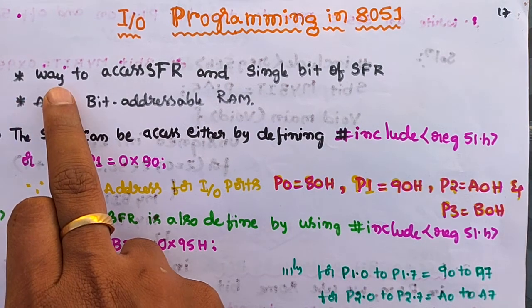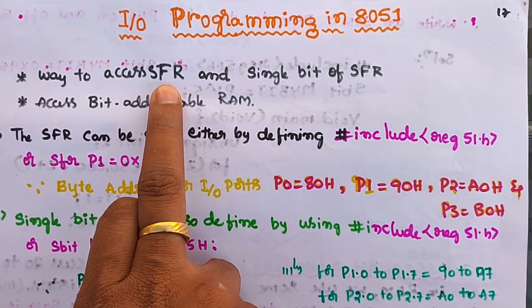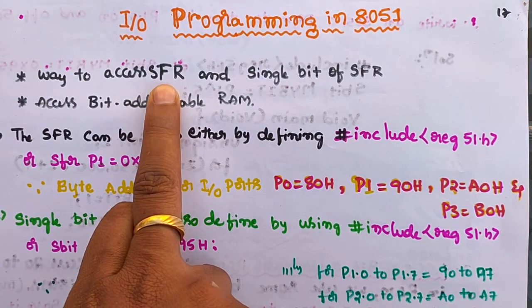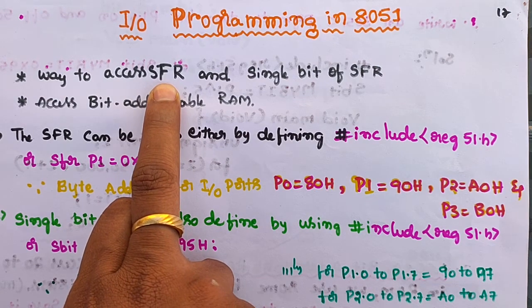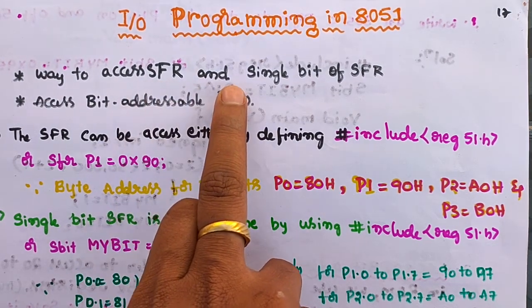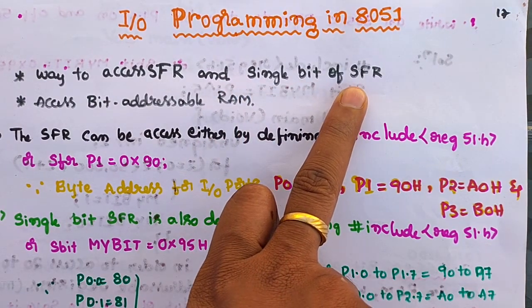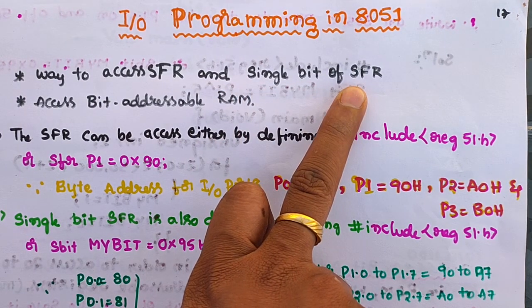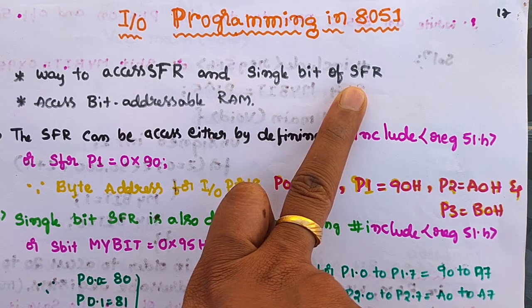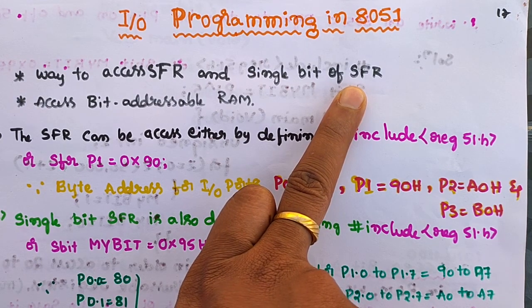So it is very important to access the special function register, that is an 8-bit special function register, nothing but the ports, and the single bits in the special function register. That means in the port P1 we need to access particular bits of P1.